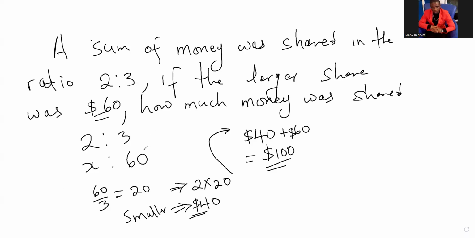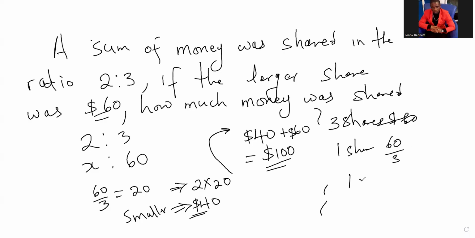Look at it this way: three shares give you $60. What would one share give you? One share would be equal to 60 divided by 3. So one share is $20. So for every one share, you're going to get $20.